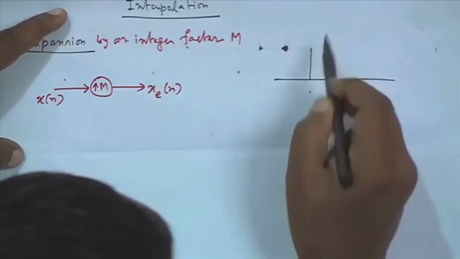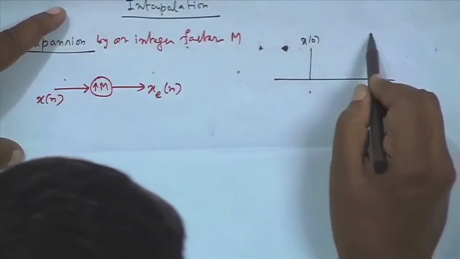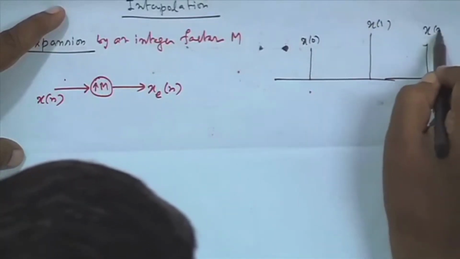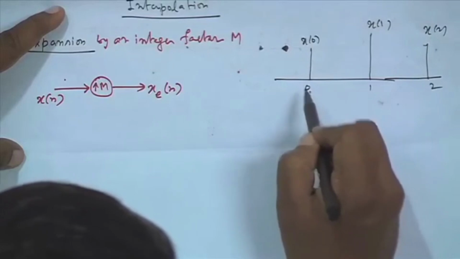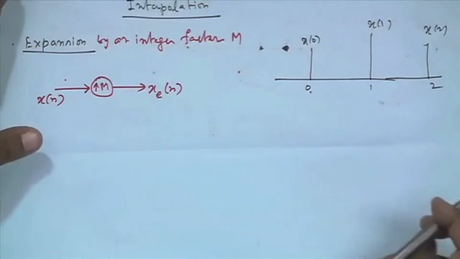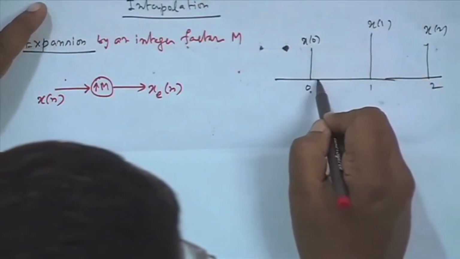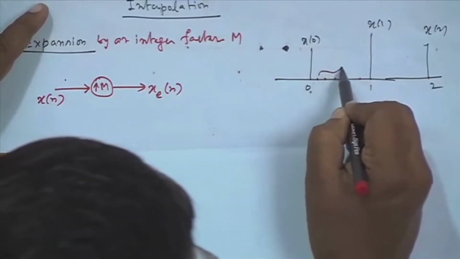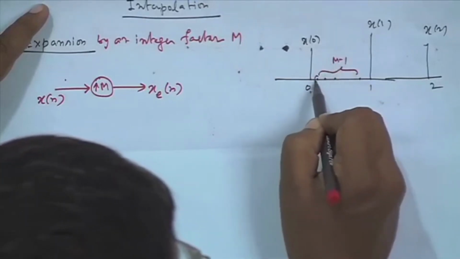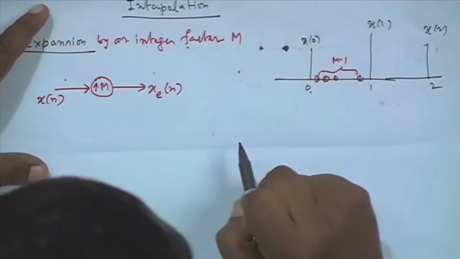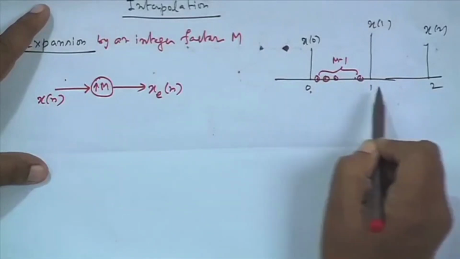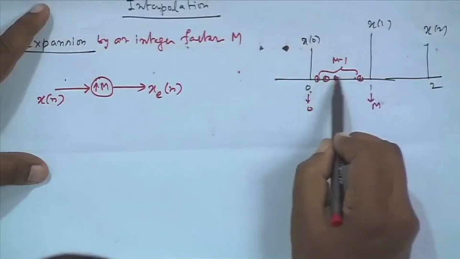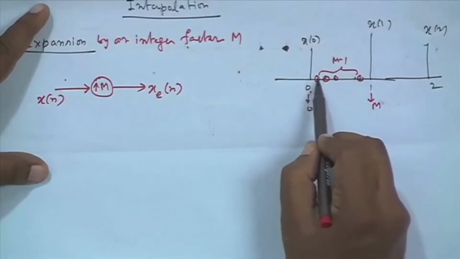Suppose originally I had x[0], the 0th sample, x[1], first sample, x[2], second sample. Now I create some intermediate points, m minus 1 points, and I put 0 here. So if this is the 0th sample, this will now become the mth, because m minus 1 points are already in between: 1, 2, 3 up to m minus 1.